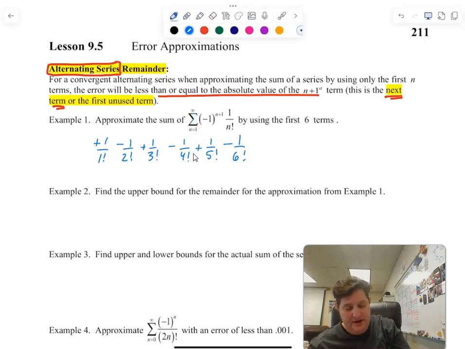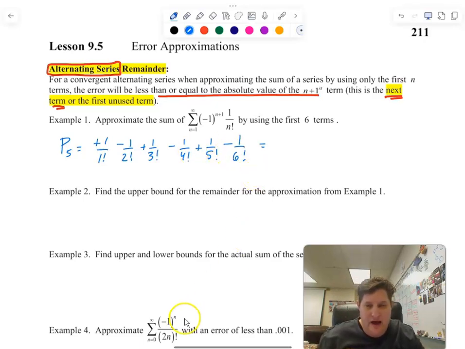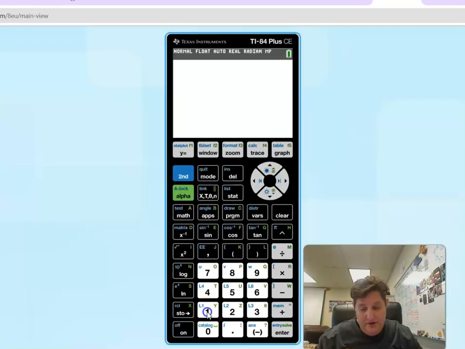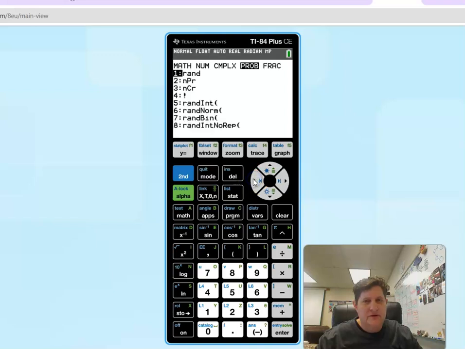So we want to approximate the sum. This, by the way, is what's called a partial sum. Sometimes we call it P for partial sum or whatever. So let's go ahead and figure this out. I'm going to have to go grab my calculator over here. Okay, so I'm going to go 1 minus 1 over 2 factorial. 2 factorial is just 2. 1 over 3 factorial is over here under probability, okay? Minus 1 over 4 factorial; if you know these factorials, you don't have to do them.